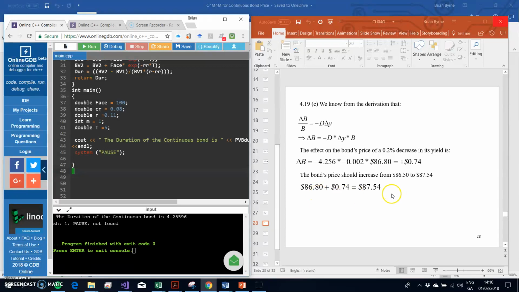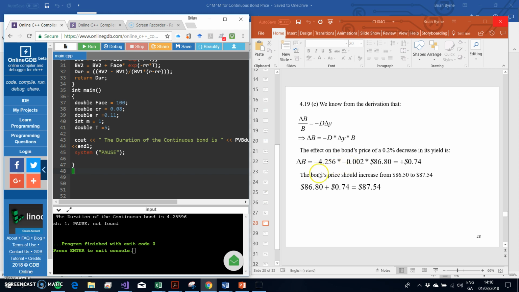Okay, so what remains then? In the previous video, we illustrated using this relationship, which is our interpretation of the duration for a continuously compounded bond. If we know the duration measure, the change in the interest rate, and the original bond price, we can predict for a small change in the interest rate the change in the bond price.